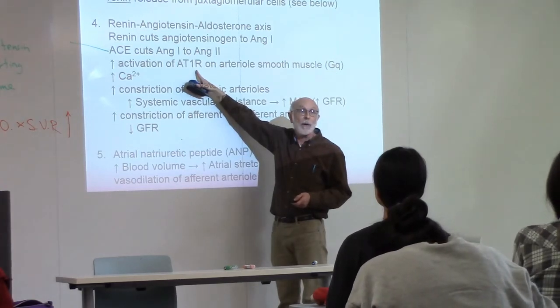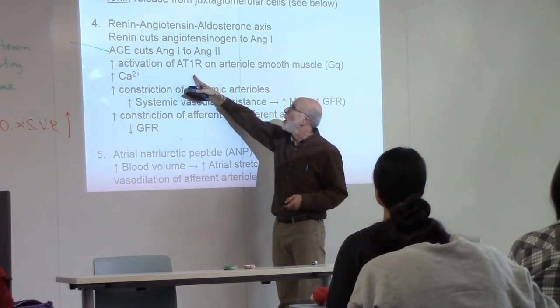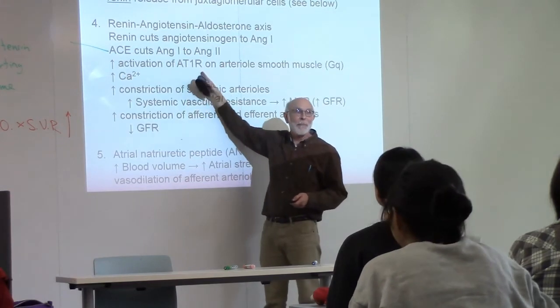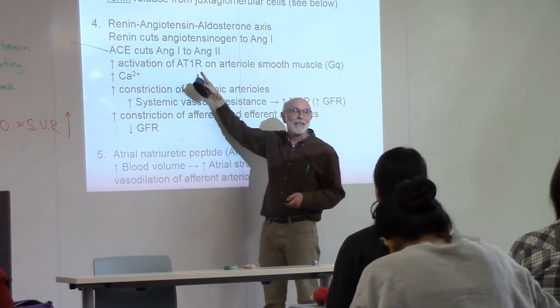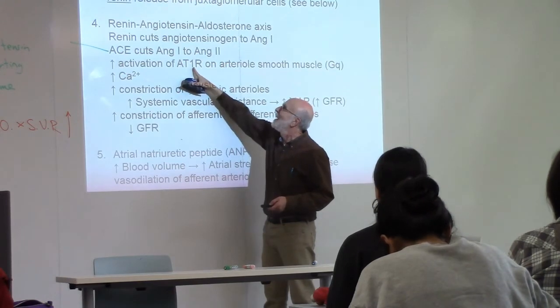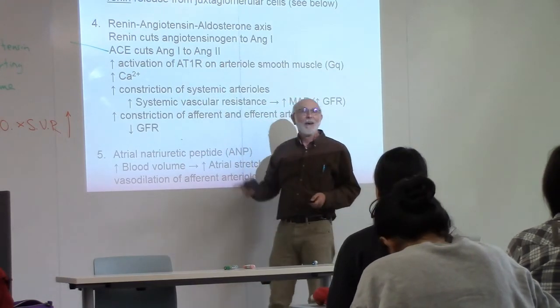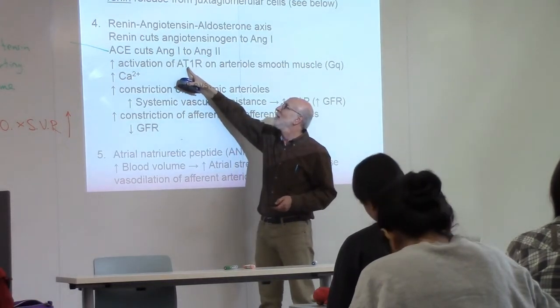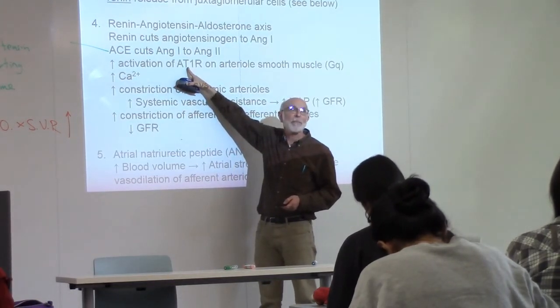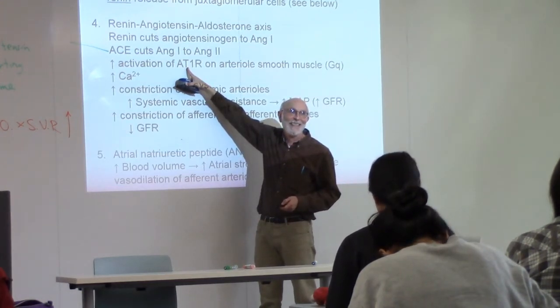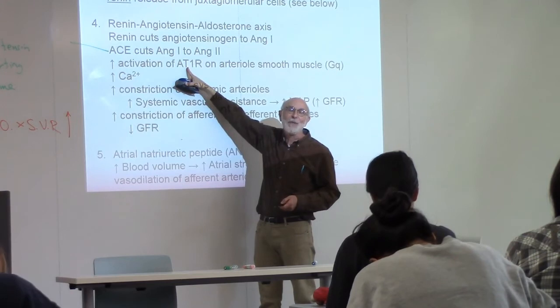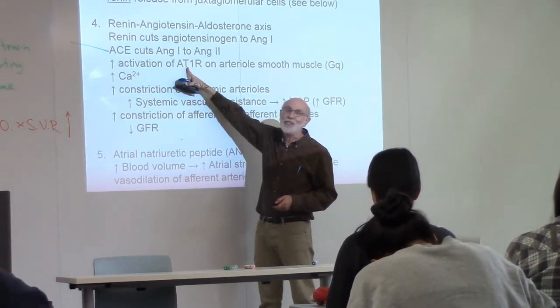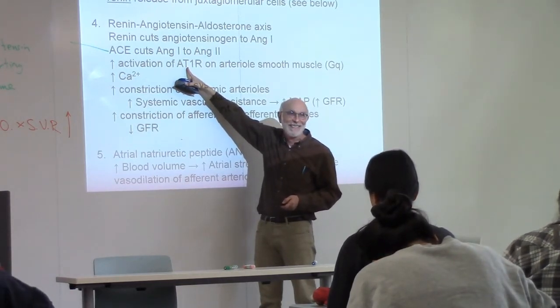But why is it the angiotensin 1 receptor? Oh, the name of the receptor is the AT1 receptor because... This is not the receptor for angiotensin 1. This is the first angiotensin receptor that was discovered, so they call it the AT1 receptor. But it's for angiotensin 2. The ligand for the AT1 receptor is angiotensin 2. Okay.